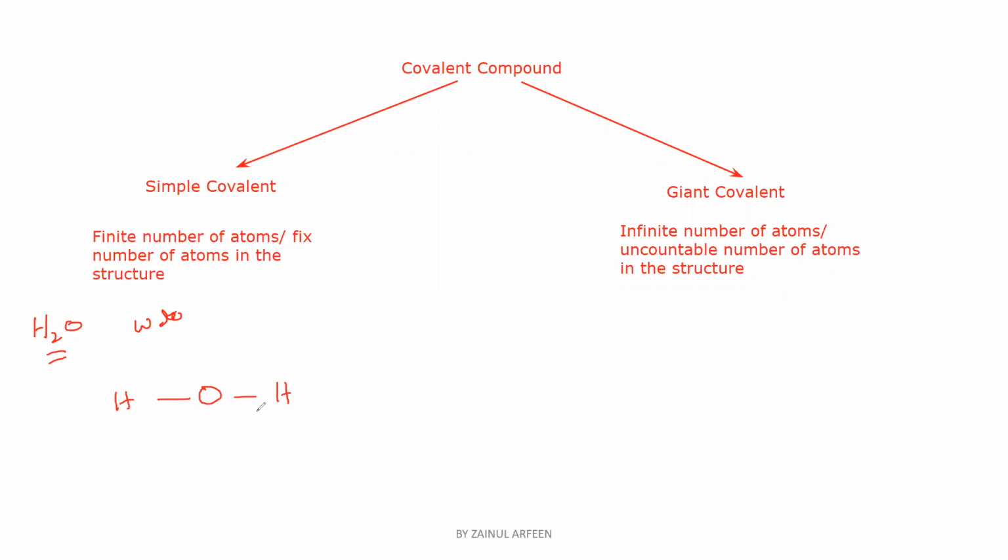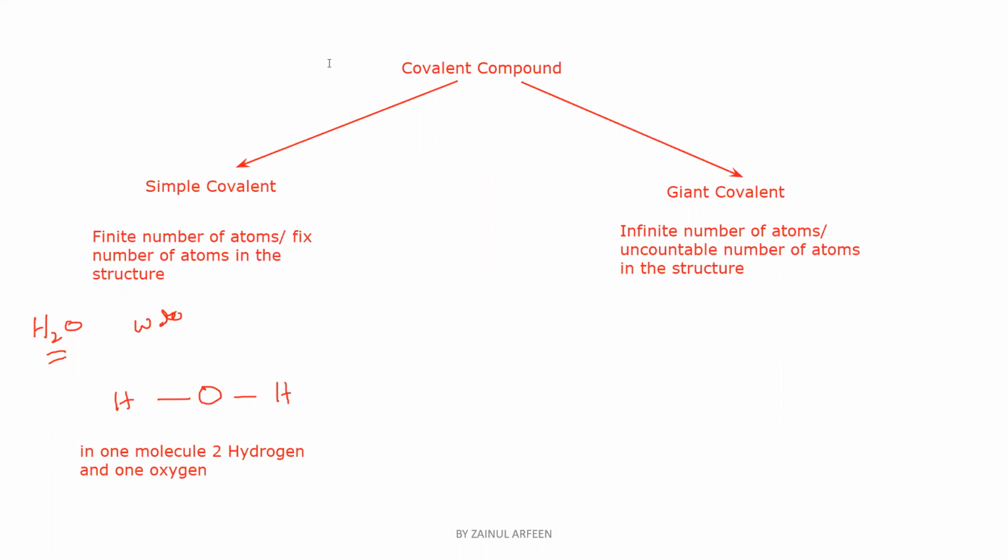So you have a finite number of atoms, in one molecule you have 2 hydrogen and 1 oxygen. So when we have a finite number of atoms in the structure, we call that a simple covalent structure, or a simple covalent compound.